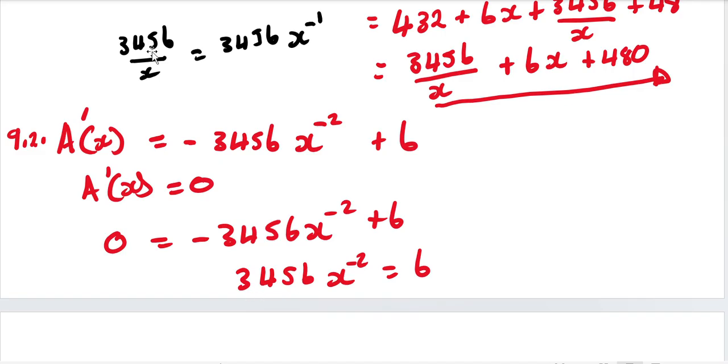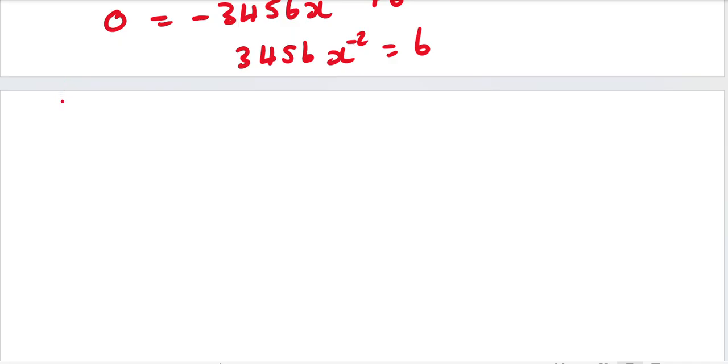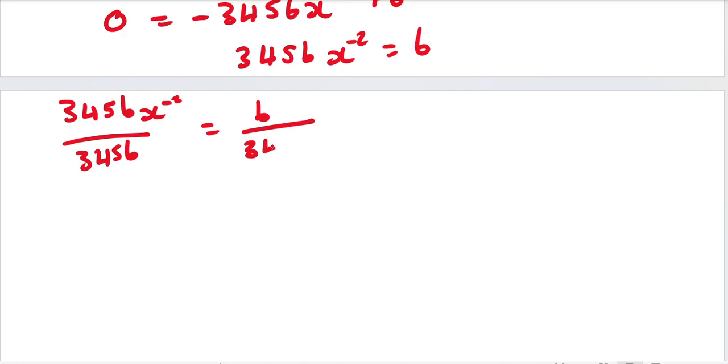Since we have 3456 x to the power minus 2, we're going to divide by 3456. Divide both sides by 3456. I hope you all understand.